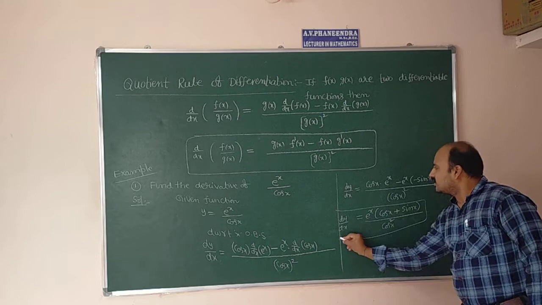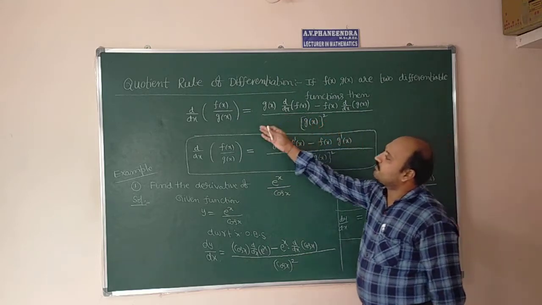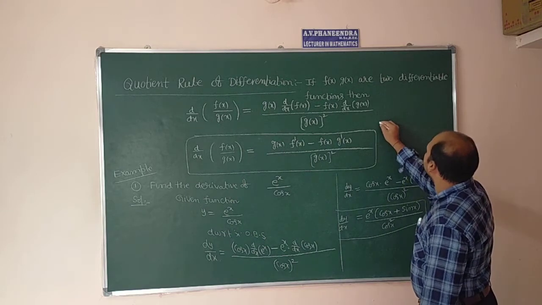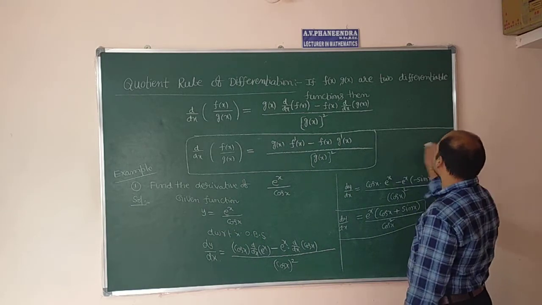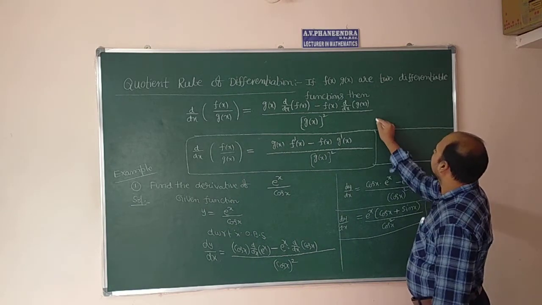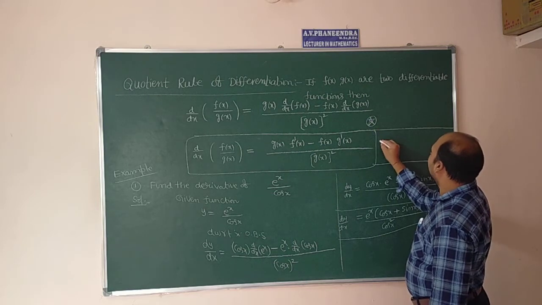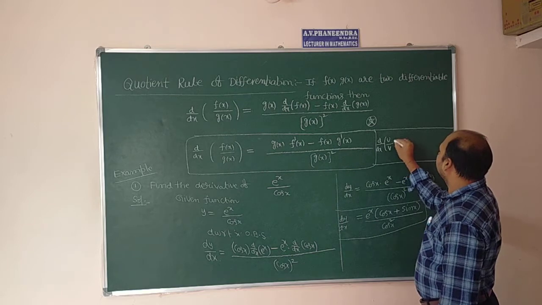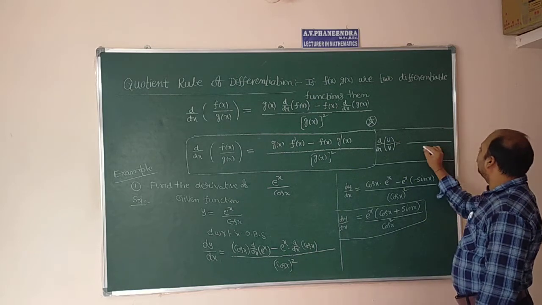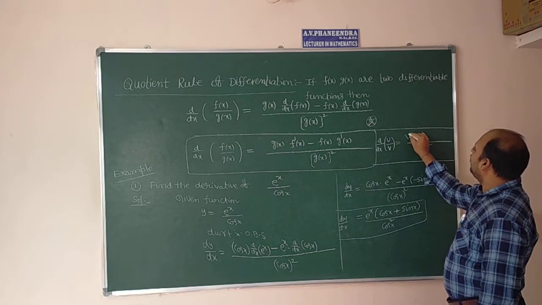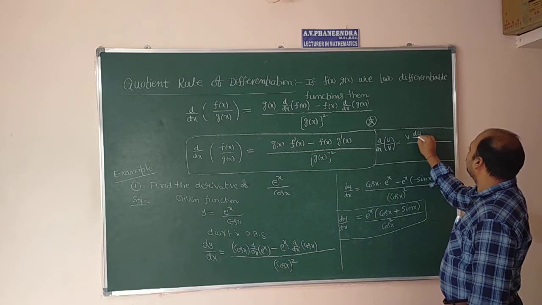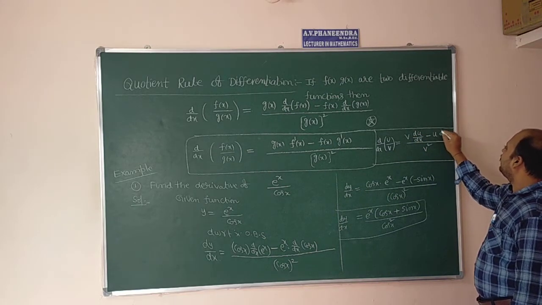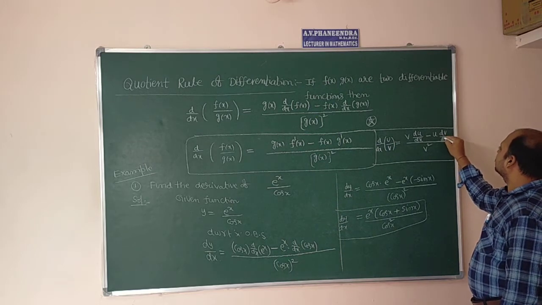This is the answer. Suppose instead of f of x and g of x, if you take u and v, this formula will become d by dx of u by v is equal to v square in the denominator, and in the numerator v into du by dx minus u into dv by dx.